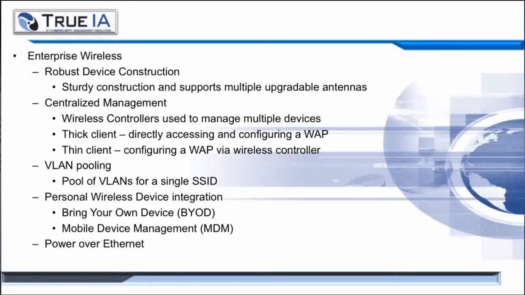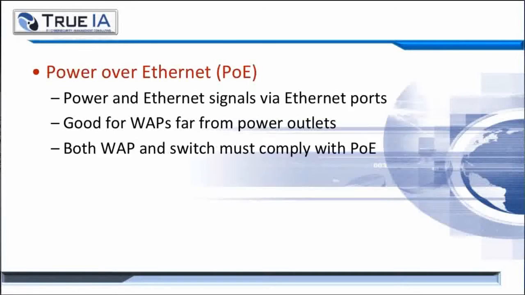Most of them are powered by what is identified as Power over Ethernet. Power over Ethernet allows for both power and Ethernet signals via the Ethernet ports. This is outstanding for WAPs that are often far away from a power outlet. However, to employ this, both the switch and the WAP must be Power over Ethernet capable.